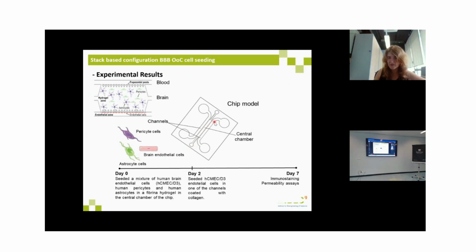Then we leave this endothelial barrier to grow for 7 days. And after 7 days, we characterize the system, and we fix the chip. And then we do immunostaining for labeling the nucleus, the different cells that we are growing in the system, and also the tight junctions.